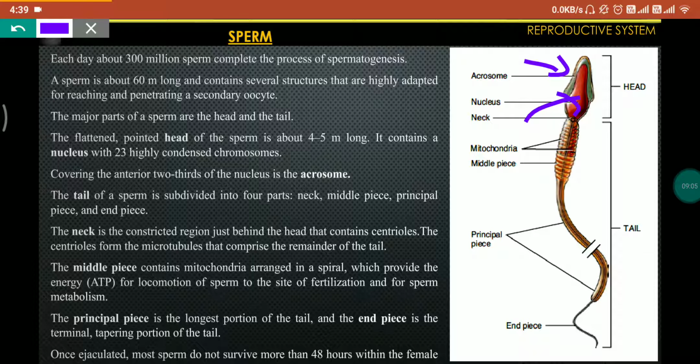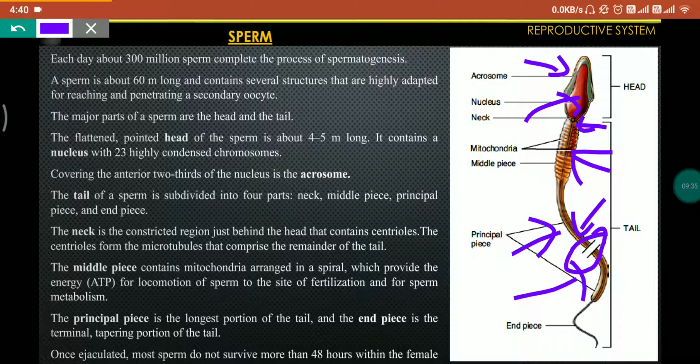The tail is divided into 4 parts: neck, middle piece, principal piece, and end piece. It has a longer tail, and this tail helps in the movement of the sperm cell.